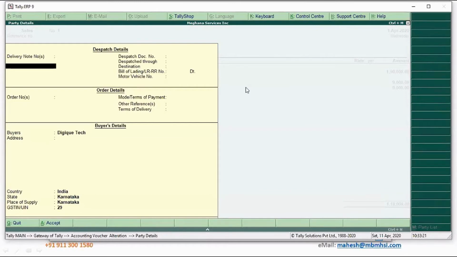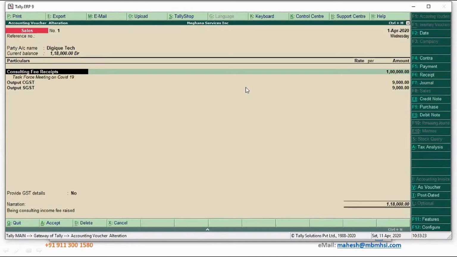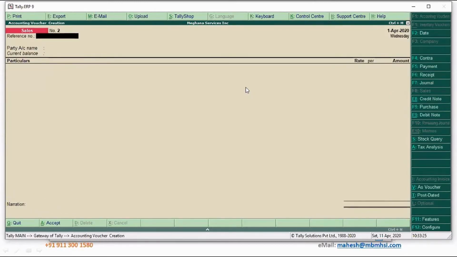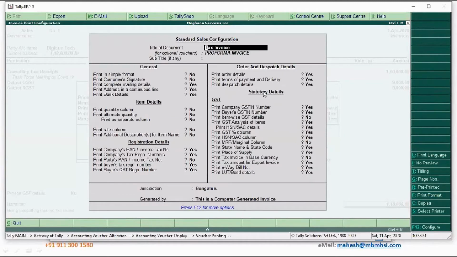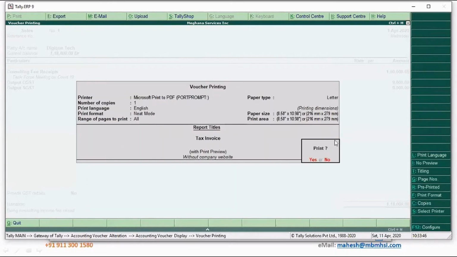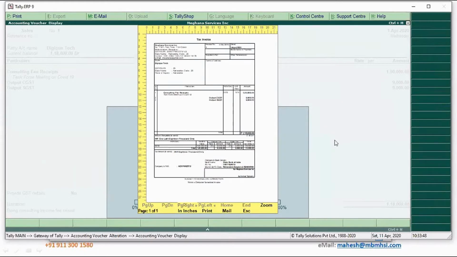Then when I want to print, F12 configuration, since I'm doing this, I don't need dispatch details. I need order details and payment terms and delivery. Order details also, if you don't need, you could just disable this. Only payment delivery that you need, and say print. So now look at the format.